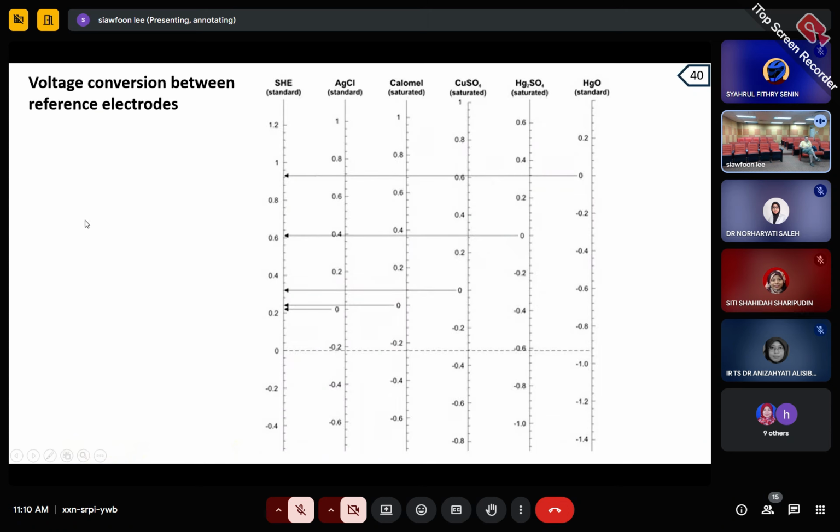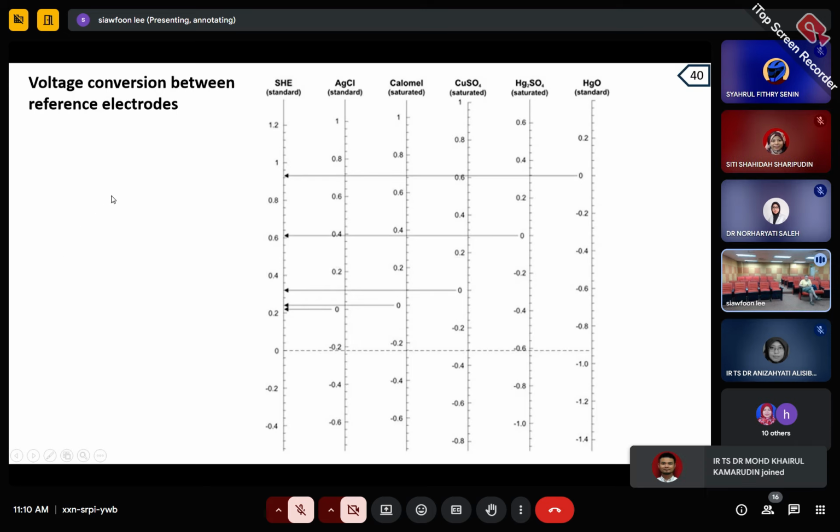Okay, another thing you shouldn't forget, if you still remember in the slide I talked about the technique we use to study electrochemistry, and we use a reference electrode. There are different kinds of reference electrodes: silver chloride, calomel, copper sulfate, and so on.